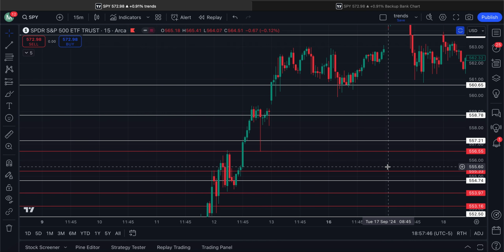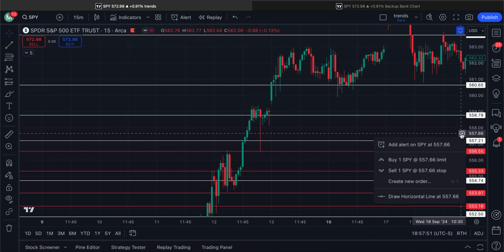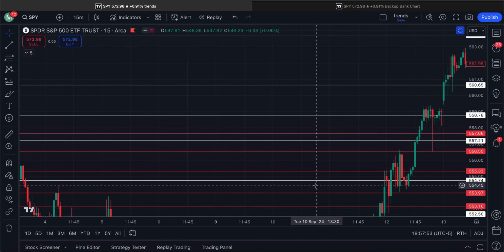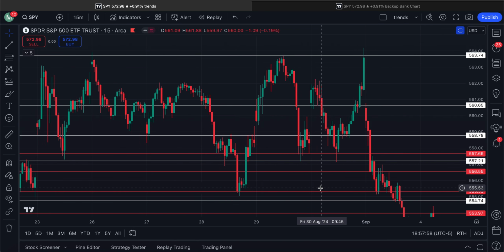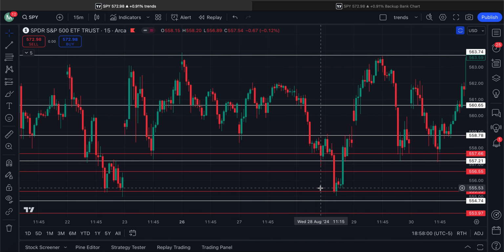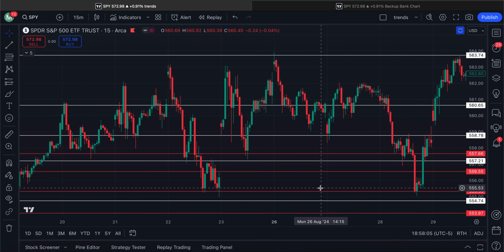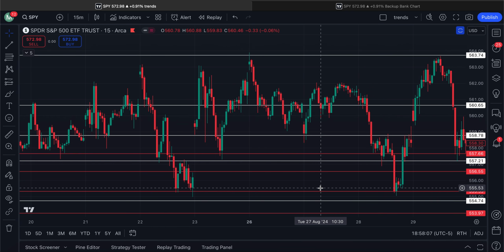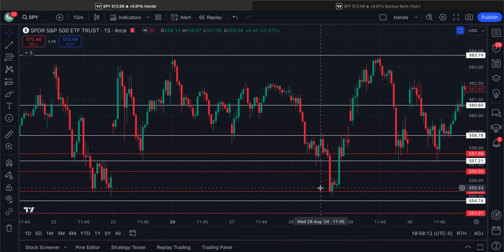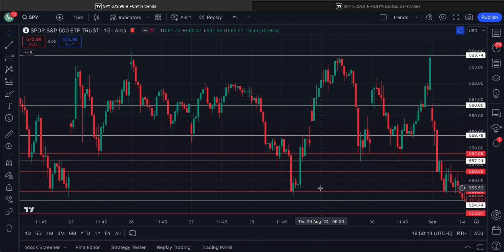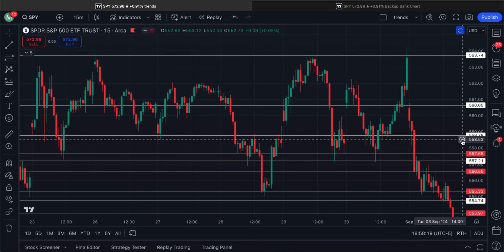And my demand zone above 557.21 would be 557.66 to 557.21.